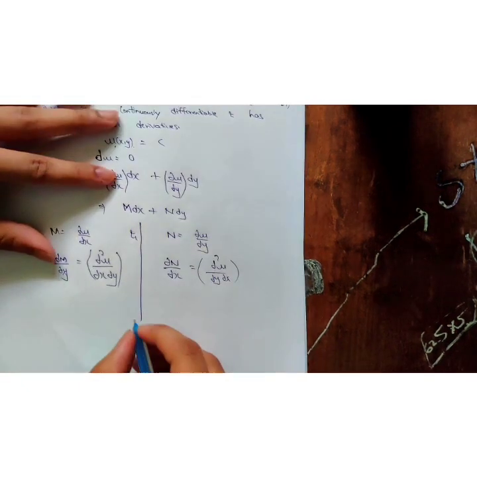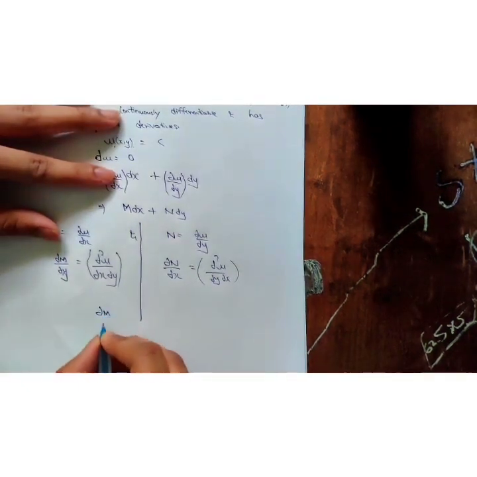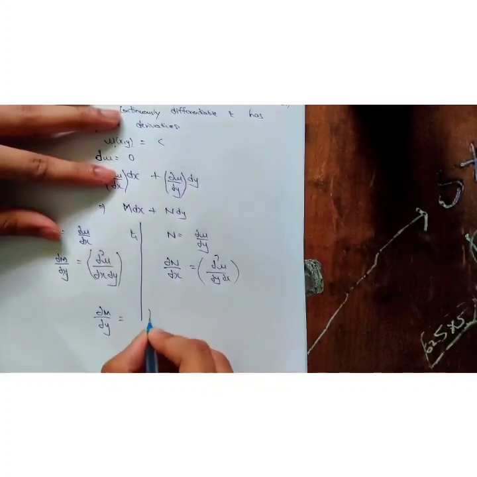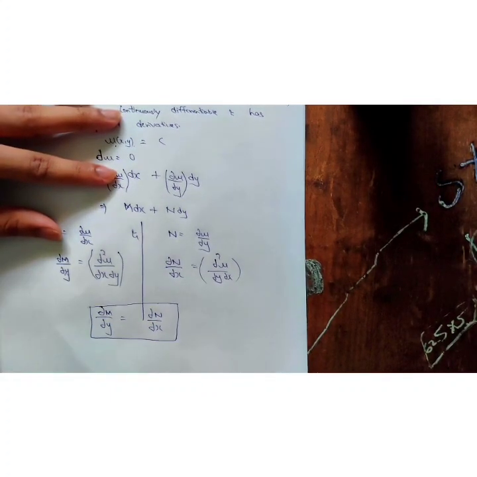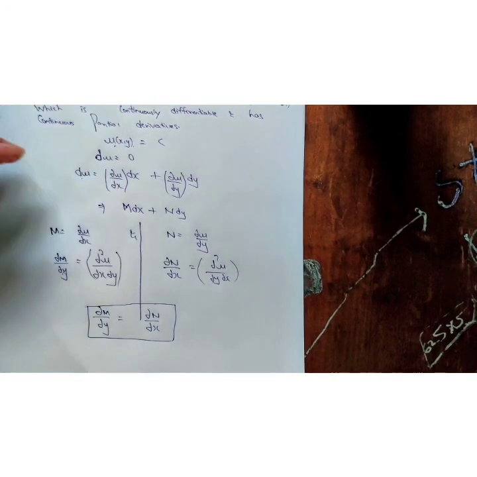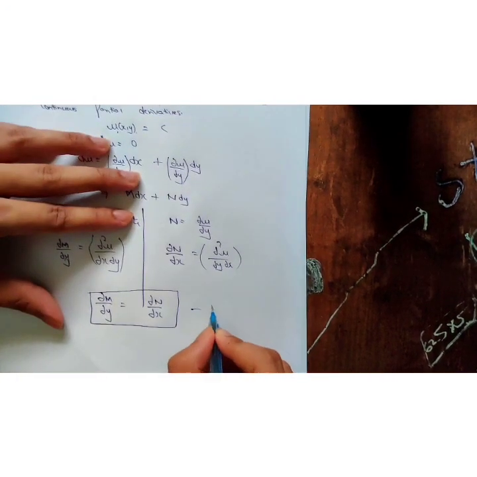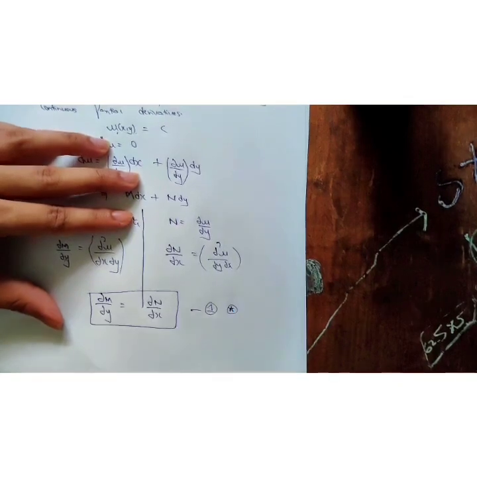So we can equate it as ∂M/∂y = ∂N/∂x. This is a very important condition to prove whether it is an exact ODE or not, the star condition.